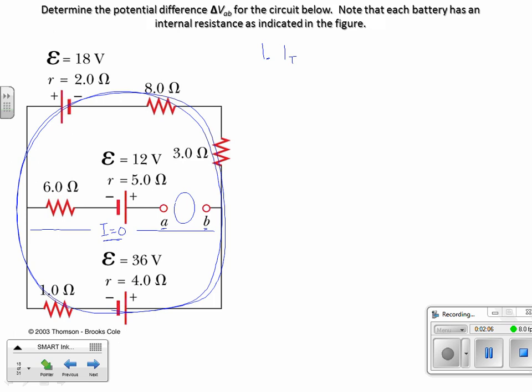So I would start at point A and either go this way around to point B or go this way around to point B. You figure out which way you should go based on which way current actually flows.